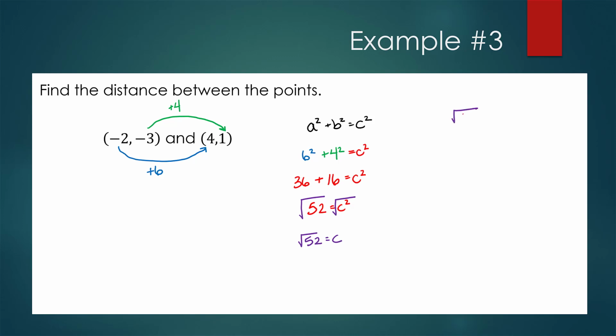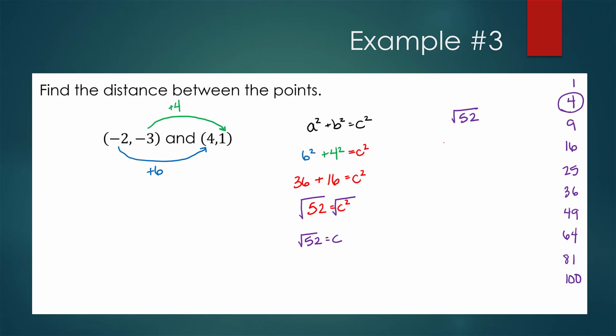So square root of 52, and we need a perfect square number that goes into 52. So I'll write the perfect square numbers down here on the side. And now we need to find the biggest one that goes into 52. In this case, it happens to be 4.